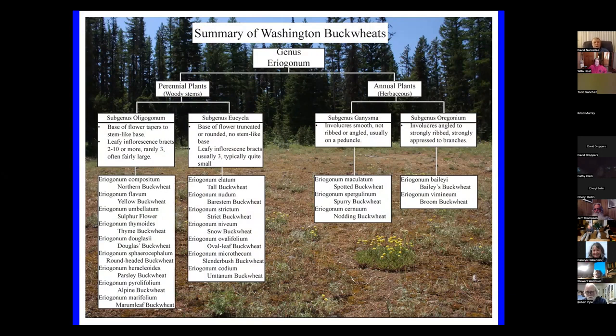In the short time we got to know Jim Reveal, I asked him how many buckwheats are there where he lived, which is in New York. And he said 0. And that's about how many we have in Western Washington. So I don't know if that answers your question, but we have very few, if any, buckwheats in Western Washington, except up high in the mountains near the divide, or perhaps coming down the Columbia Gorge, where the gorge cuts through the mountains.